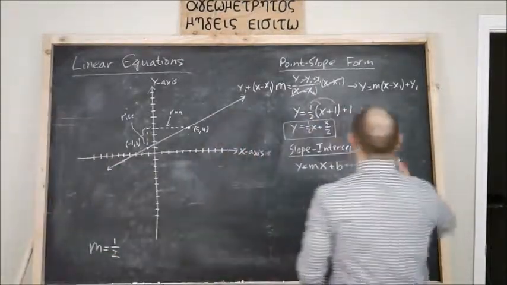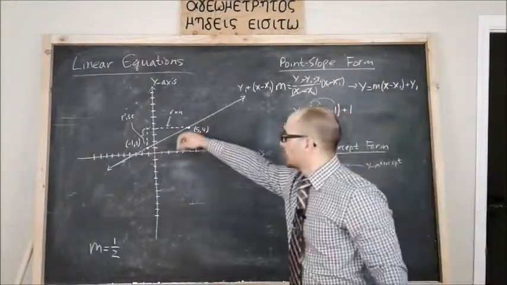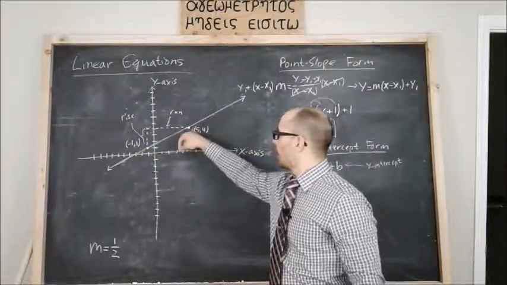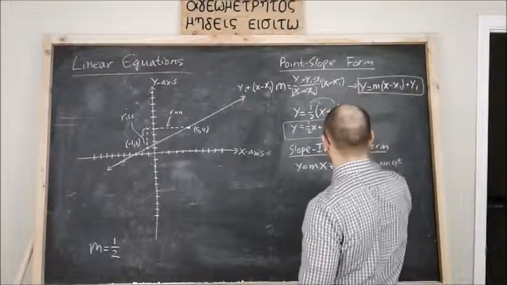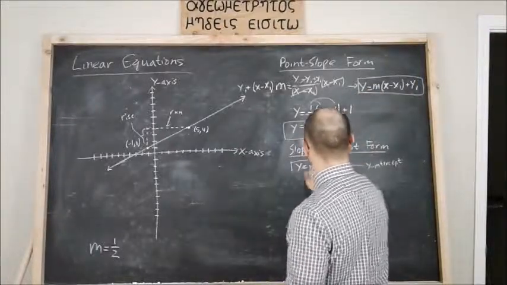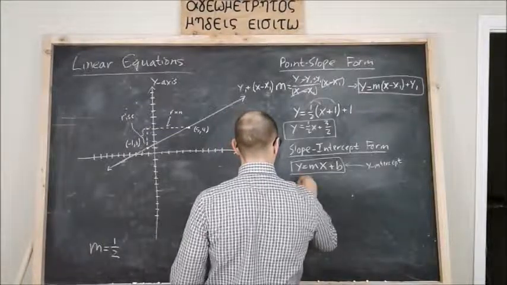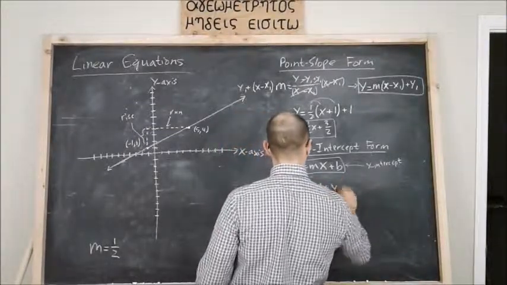Let's go back to point slope form, and we're going to plug in this coordinate. So instead of this coordinate, I'm going to plug in this one. Yeah, this here is important. So back here to y equals m times x minus x1 plus y1.